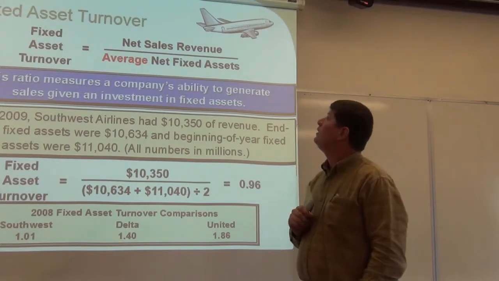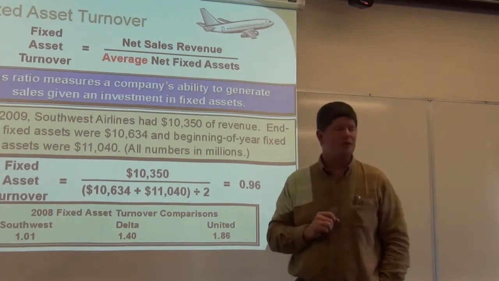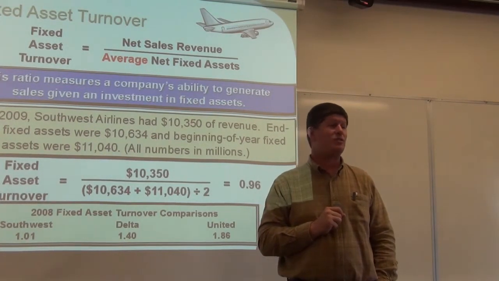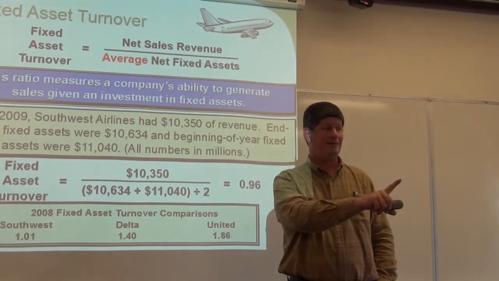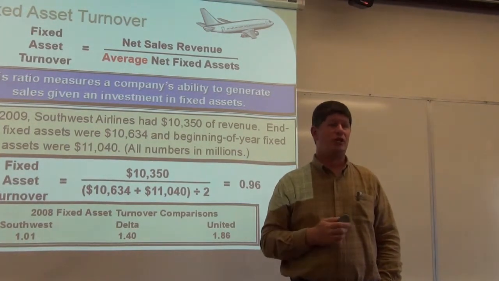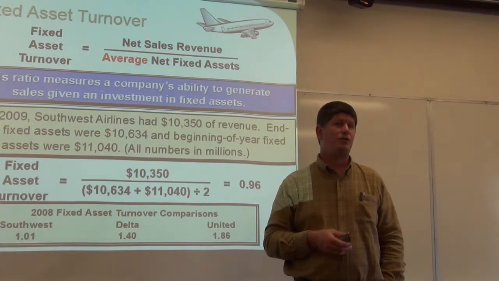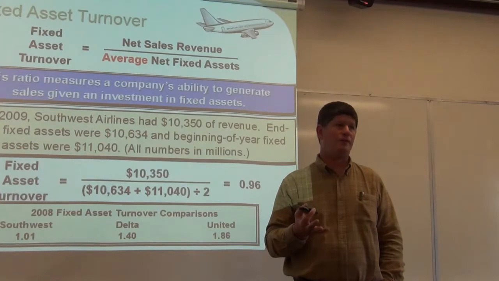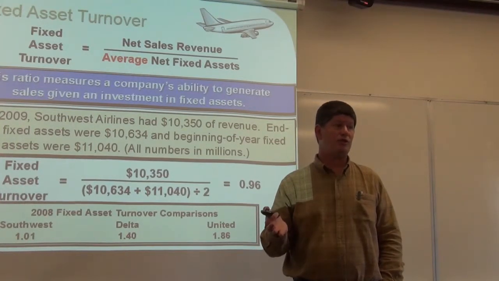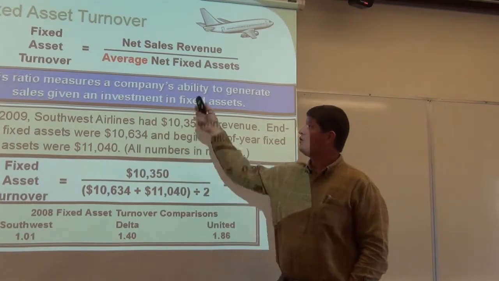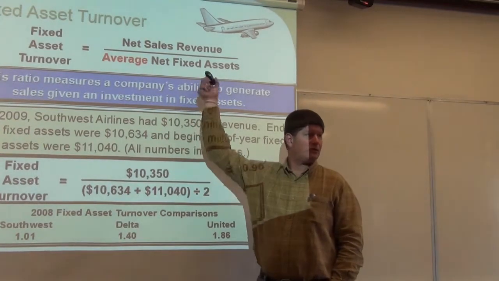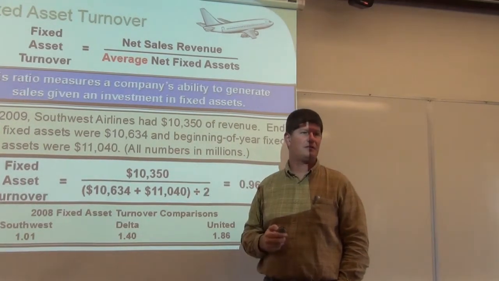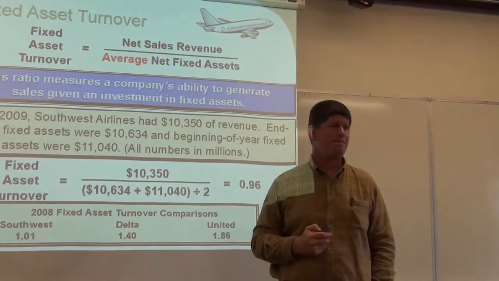Average net fixed assets. What does that mean? It includes the depreciation. You back out the depreciation first. So if you've got $200,000 worth of assets and they've been around for half their life, your accumulated depreciation is $100,000. $200,000 minus $100,000 to derive net fixed assets.